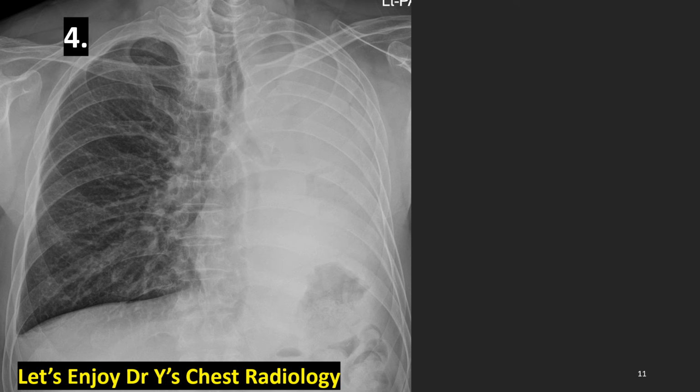Number 4. What do we see with this old man's frontal radiograph? Total haziness of the left lung, no pulmonary vessel, no air bronchogram, and no visualization of the left diaphragm, but stomach gas is telling us the diaphragm is elevated, and left side shift of the heart and mediastinum.